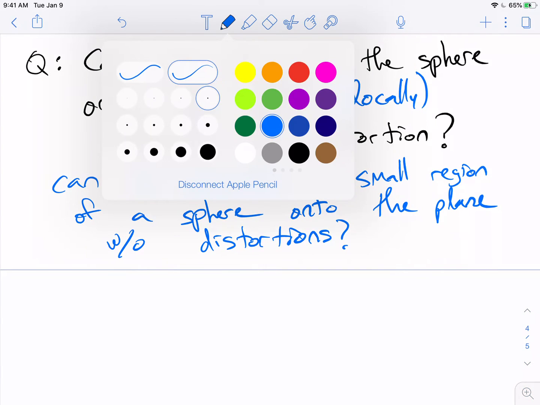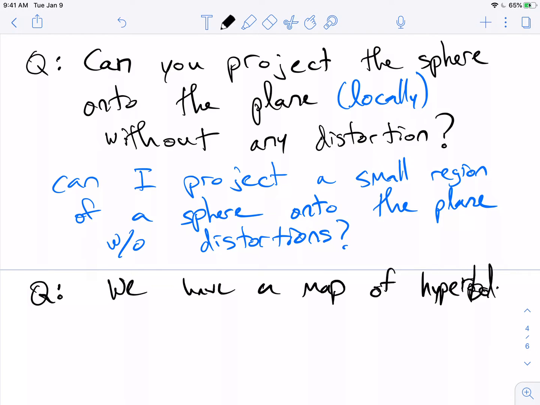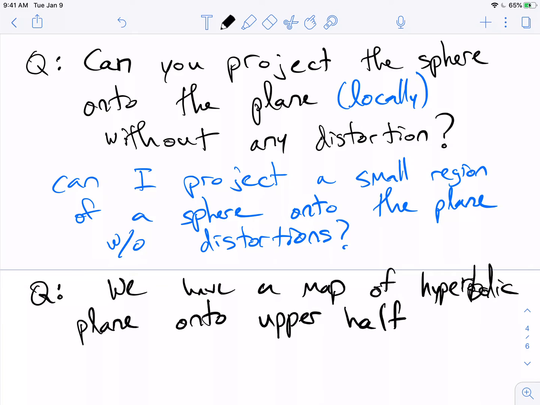And you can ask the same thing about hyperbolic space. So we have this map of hyperbolic space, and the map maps the hyperbolic plane into the upper half plane. But as we've talked about a lot, there's distortion in this map, right?